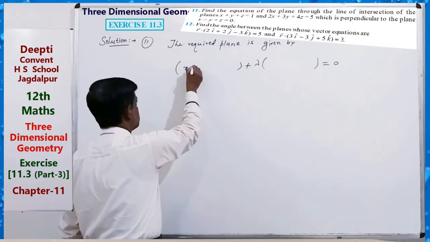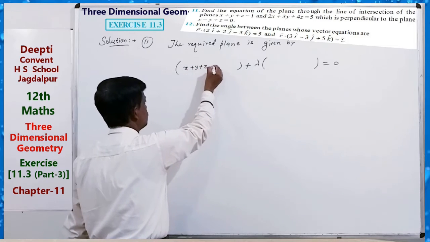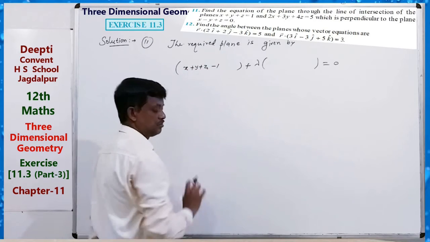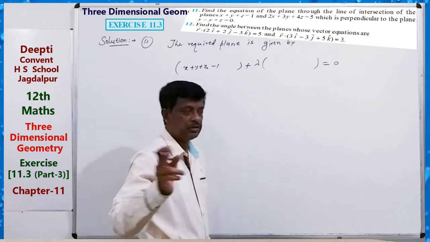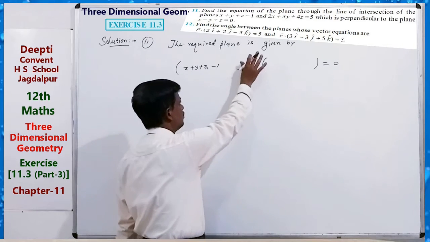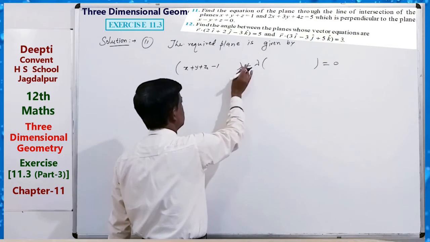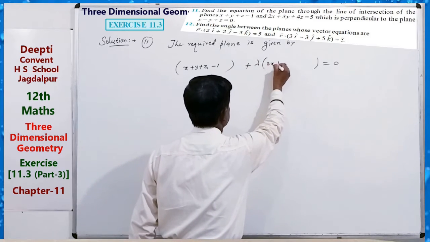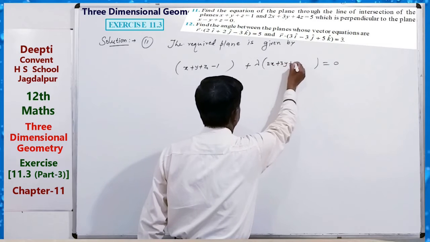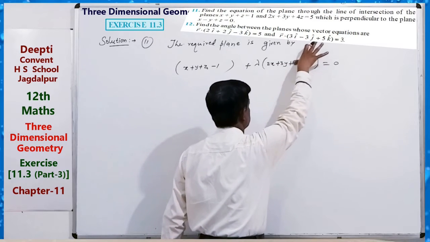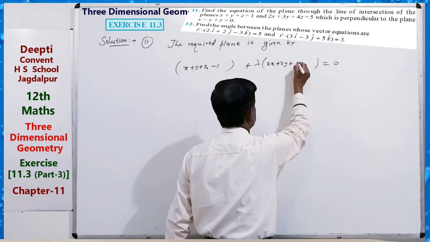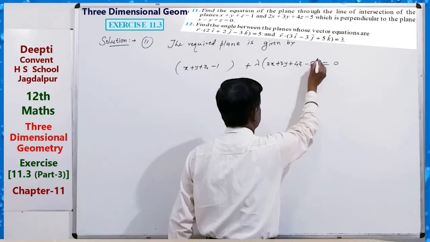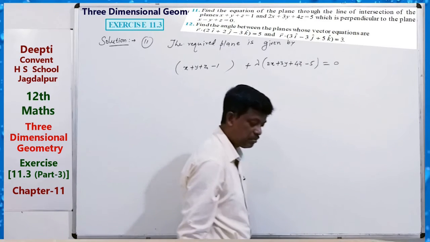So x plus y plus z equals 1, we take the 1 to the left hand side, so x plus y plus z minus 1, plus lambda of 2x plus 3y plus 4z minus 5.